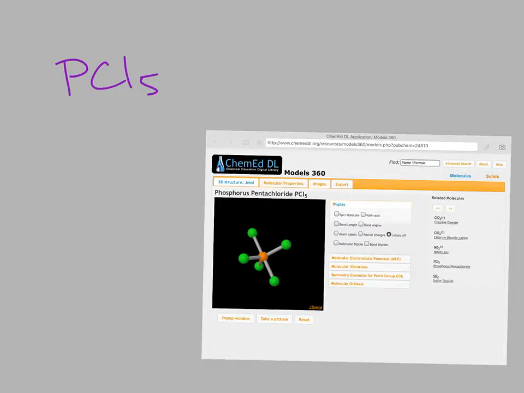All right, next we have PCl5, and so I'm going to put 5 chlorines on here, and this would have 40 valence electrons. So each of these has a full octet. And phosphorus can go past the octet rule because it's in the 3rd period or lower, so it's fine with those 10 electrons.